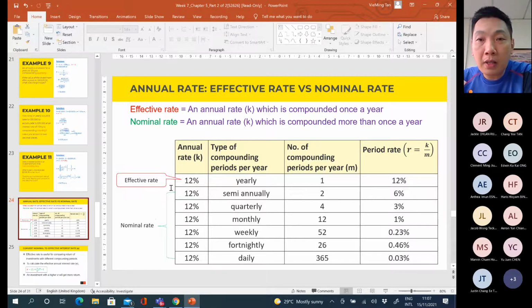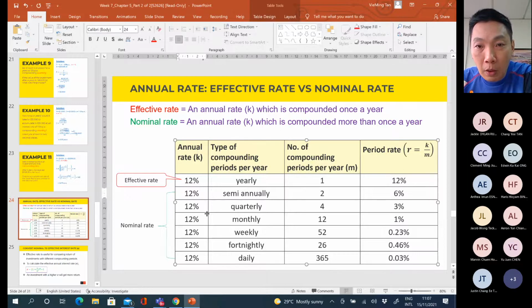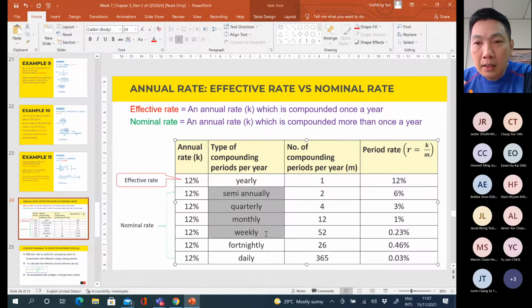Okay, then how about other types of annual rate when the interest is compounded more than once in a year, like semi-annually, quarterly, monthly, weekly, all this. We call this type of rate nominal rate. Okay, so that means this 12% until this 12% all are called nominal. Why? Because the interest is calculated more than once in a year.